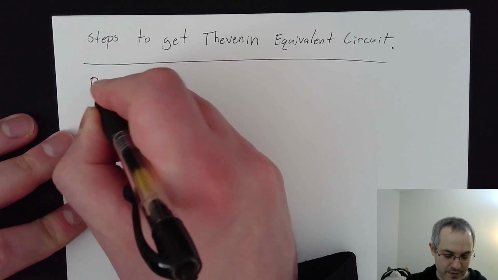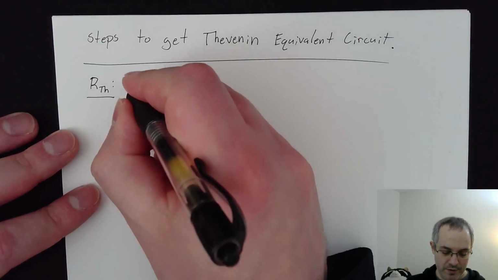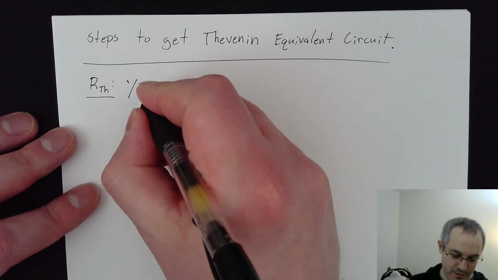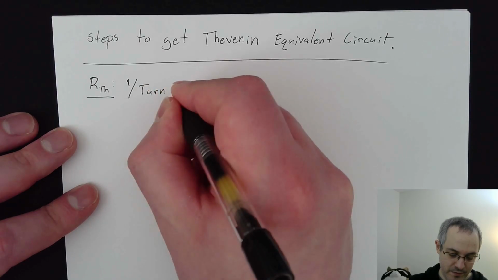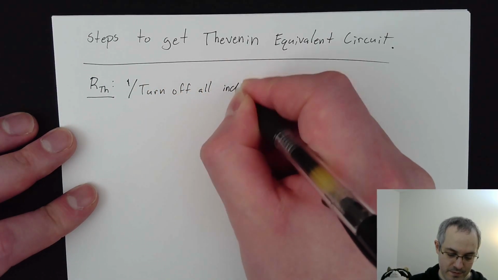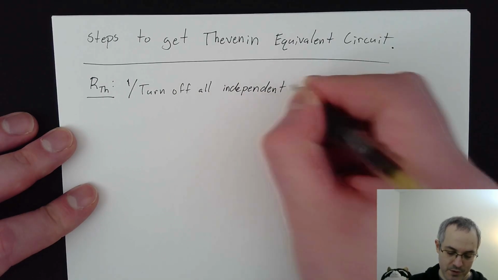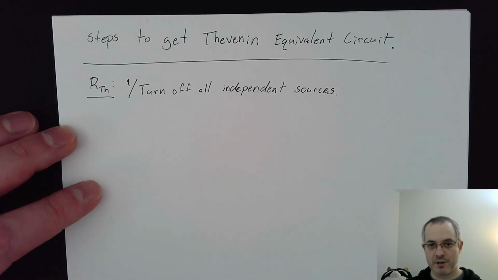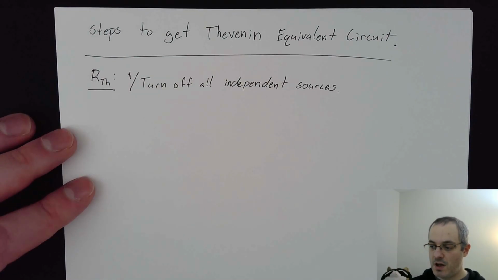So to get the resistor, step 1, turn off all independent sources. So in order to turn them off, you can either keep drawing them, but just pretend that their values are 0.